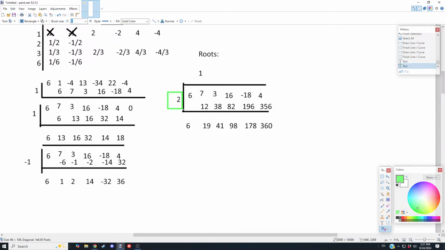If you're dividing by a positive, and if after doing synthetic division your bottom row is all positive, that means that this number here is bigger than or equal to all of the other real roots of the polynomial. So since this is positive and since this is also positive, we know that 2 is bigger than or equal to all of the roots.